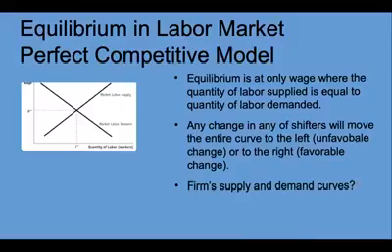Okay, so now let's look at equilibrium in the labor market, the perfectly competitive model. Once we know the labor supply, the slope is upward, we talked about that. The higher the price of labor, the wage, the more labor will be supplied.